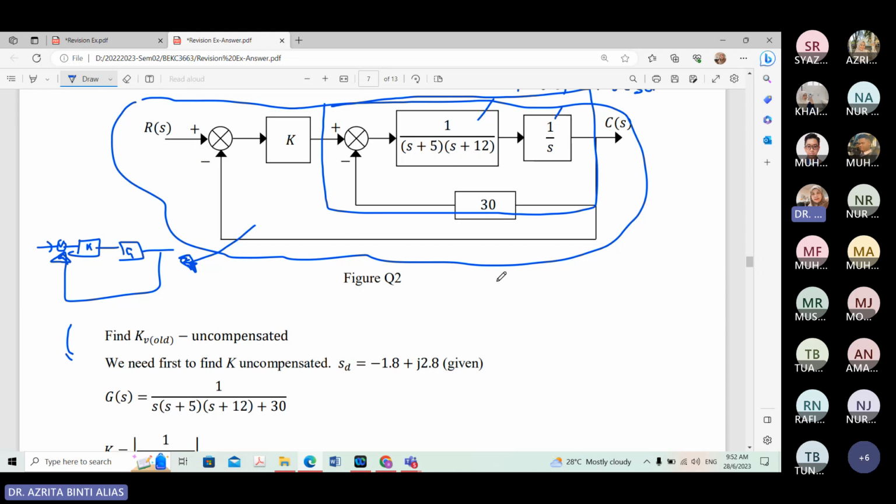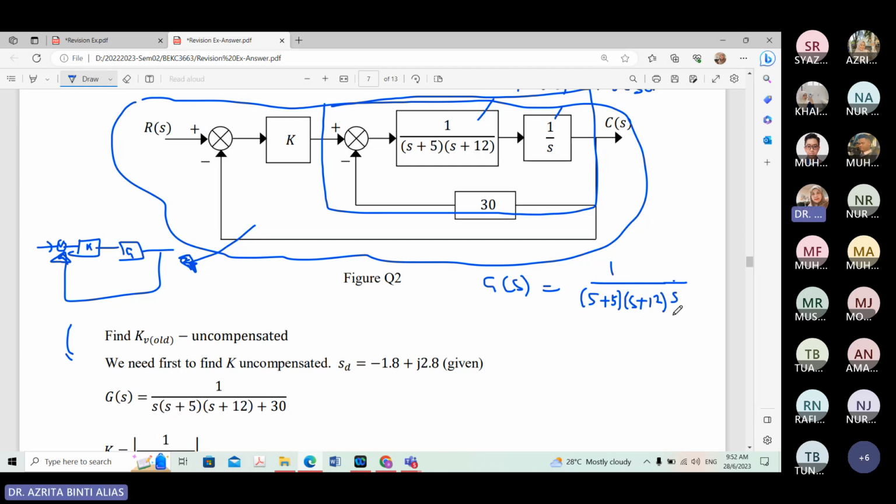The closed loop here, GS, I put it as a, so you just write the forward path equation. So we have S plus 5 forward path cascaded. So we just multiply S plus 2, S plus 12 with 1 over S.